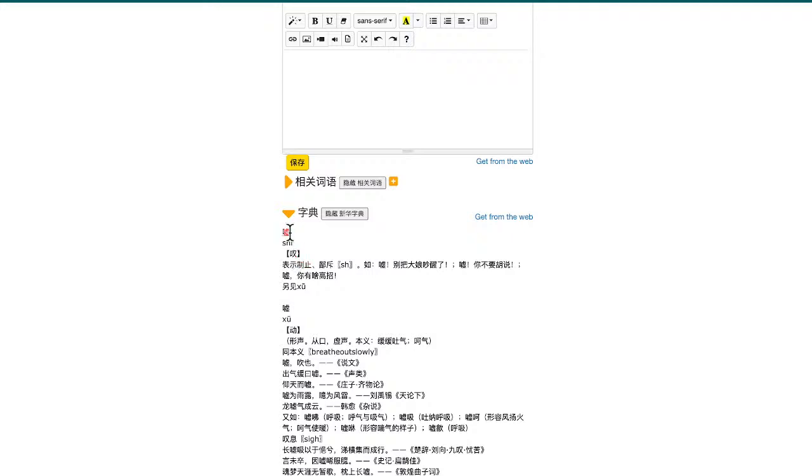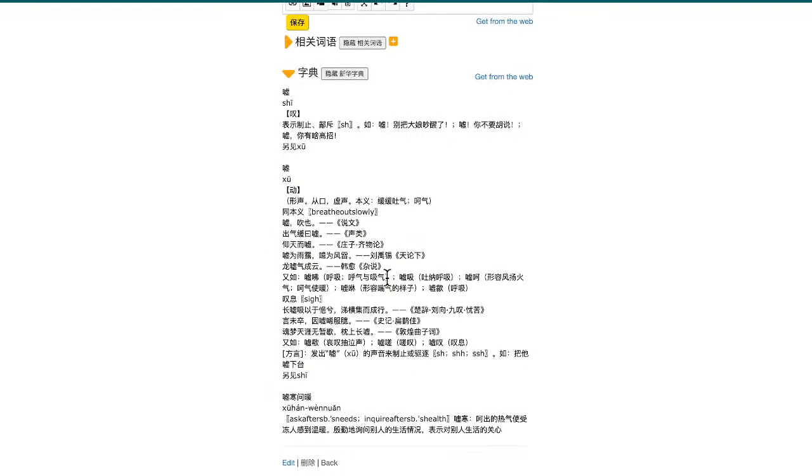There's another pronunciation, but it's not common at all, so I'm not putting it over there. The very common idiom is 嘘寒问暖, which means to ask after somebody's needs, to inquire after somebody's health.